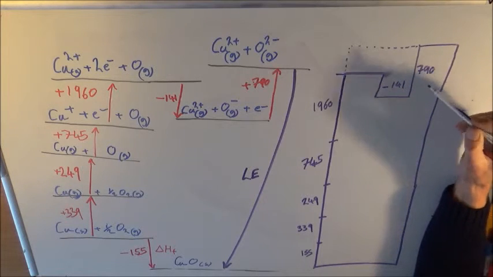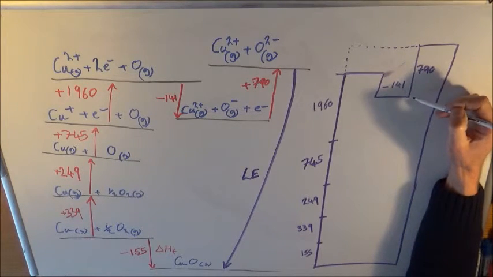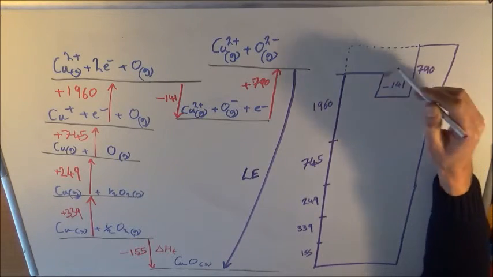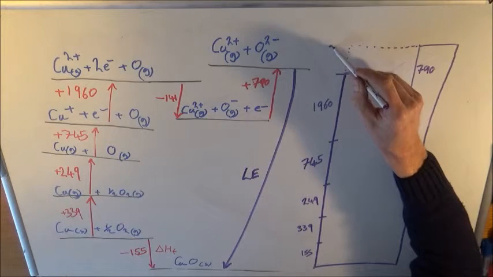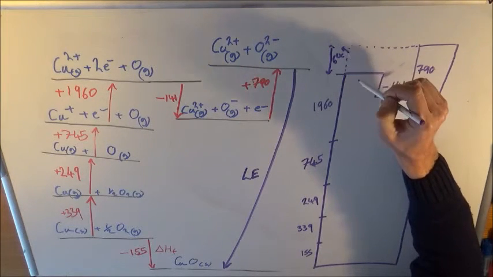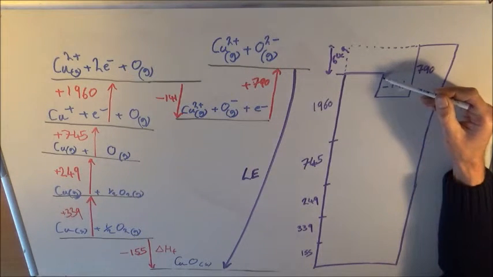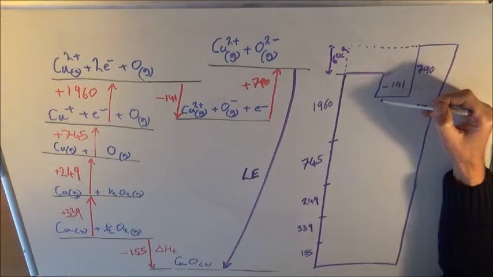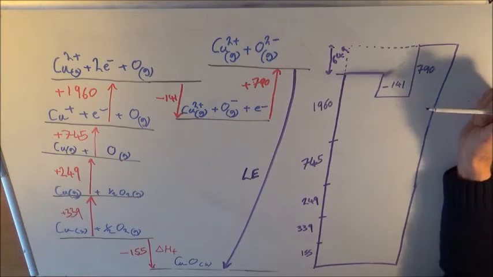So the difference between those two, if you do 790 take away 141, we've advanced 649 metres. So this little bit here is 649. Okay, so you're standing at this point here, and you come back 141 and then forward 790. It's as though you've just gone forward 649.